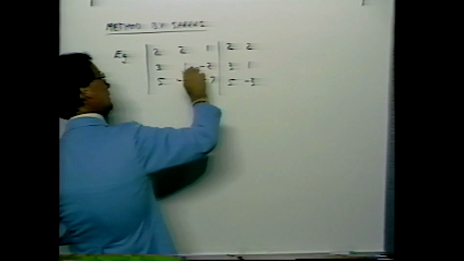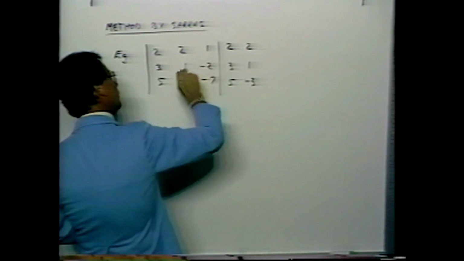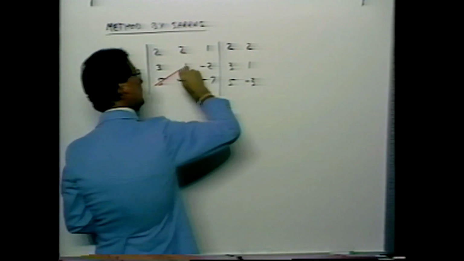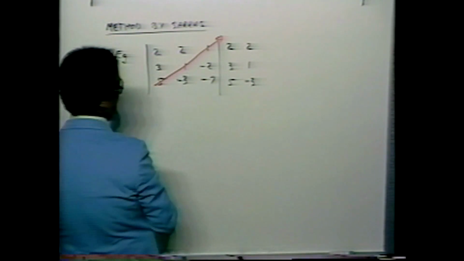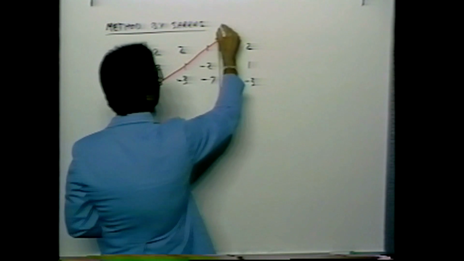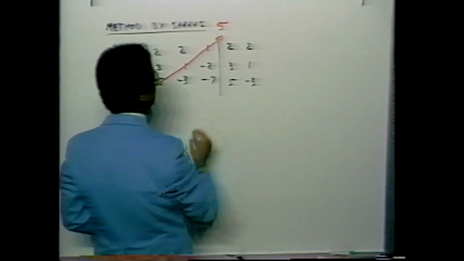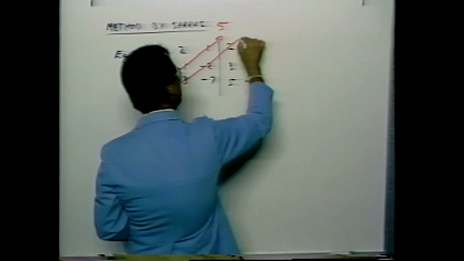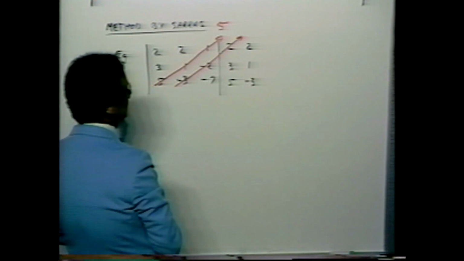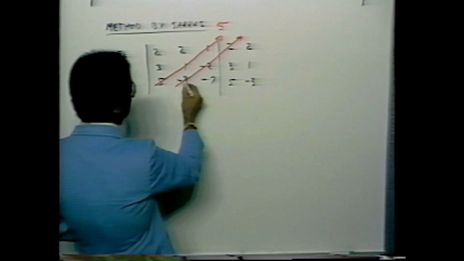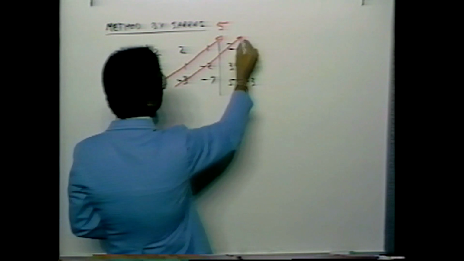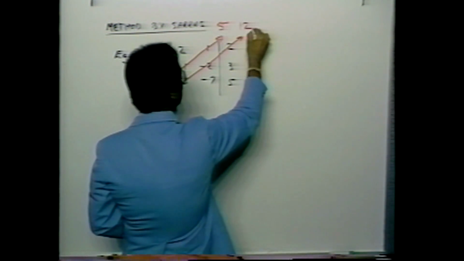Here is a diagonal of numbers, 5, 1, 1. If you multiply those across that diagonal, the answer is 5. Multiply the next 3 numbers along the diagonal, and the answer is plus 6 times 2, which is 12.